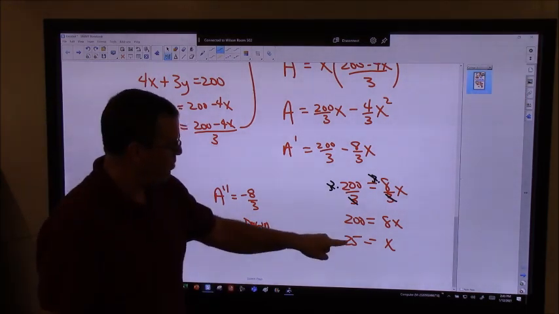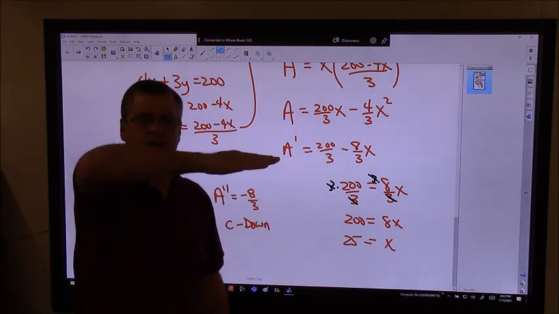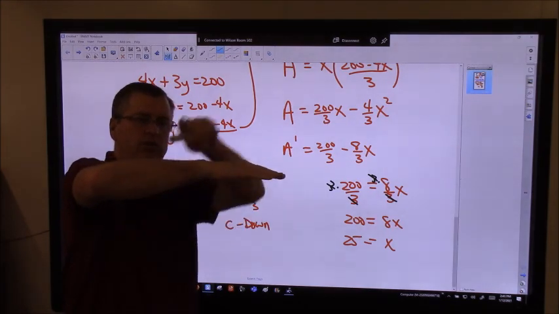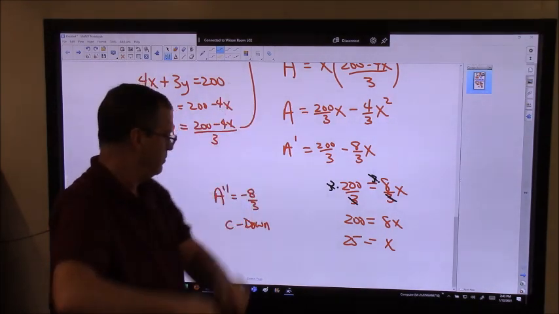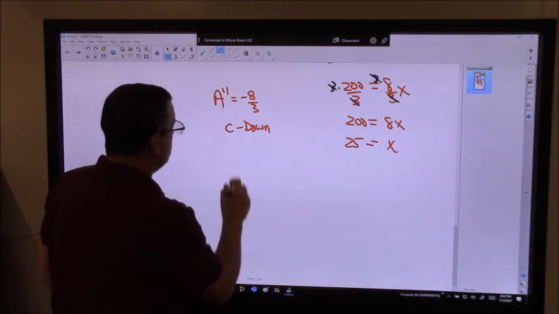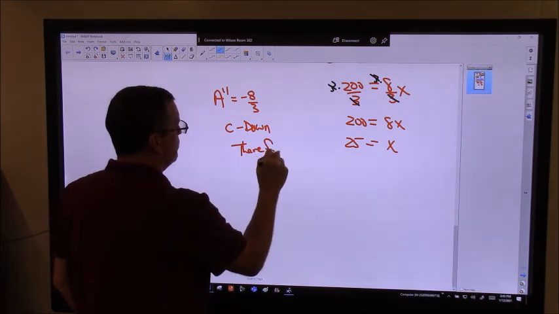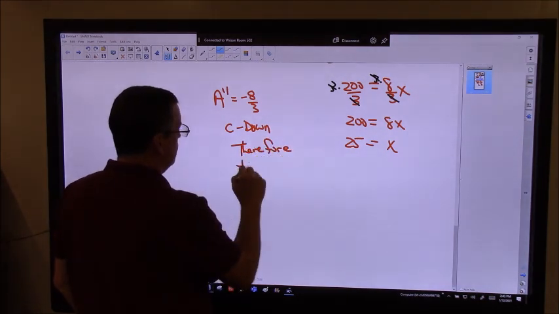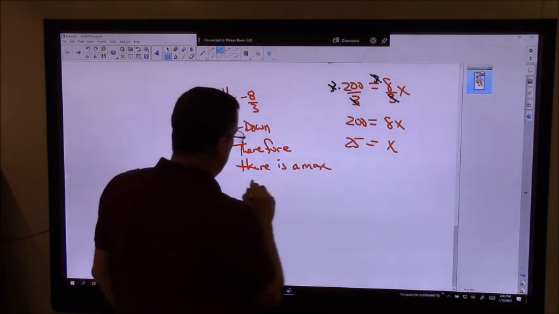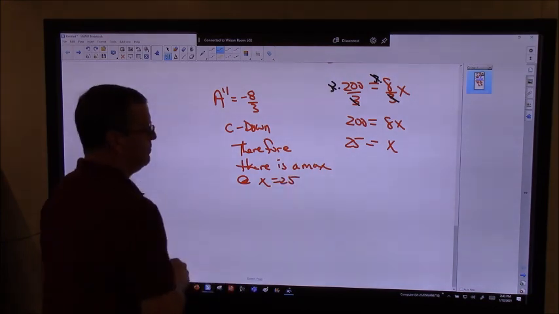Remember, at x equals 25, our first derivative equals 0. That gives me the horizontal tangent. Now I just need to know, is the function concave down or concave up? Okay, and we're concave down, which means we have a maximum at x equals 25.